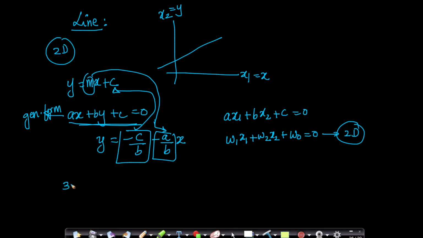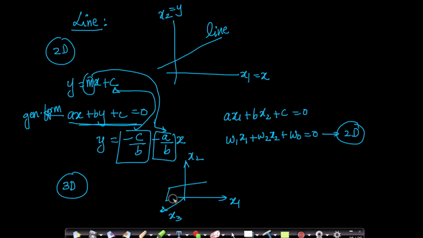What about 3D? Some of you might have learned 3D coordinate geometry in an undergrad first year math course, or in some cases even second year math courses. For those of you who don't recall it, if I have three axes x1, x2, and x3, the equivalent of a line, which is a linear surface in 2D, is a plane in 3D.